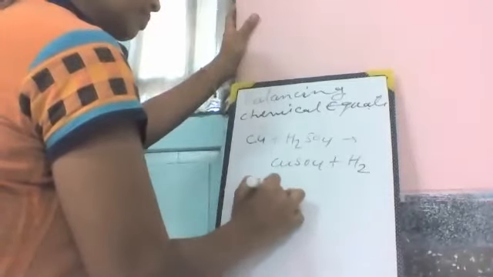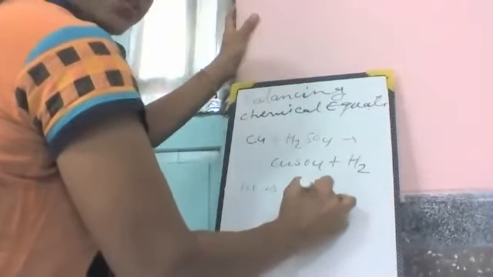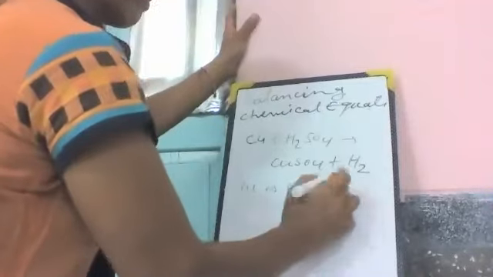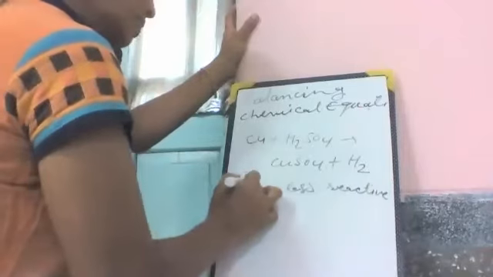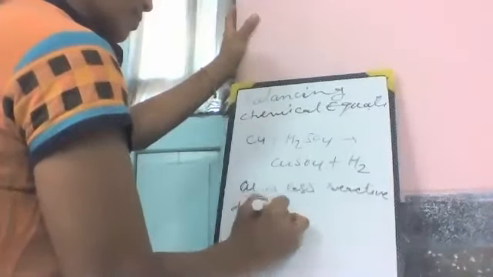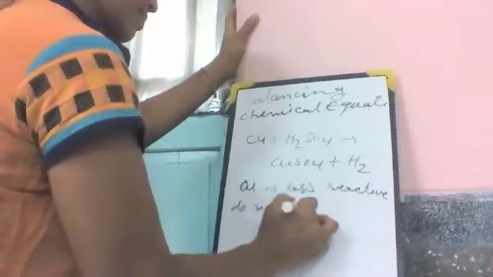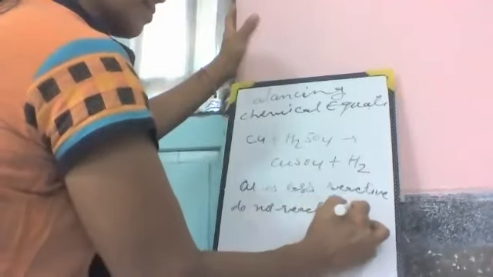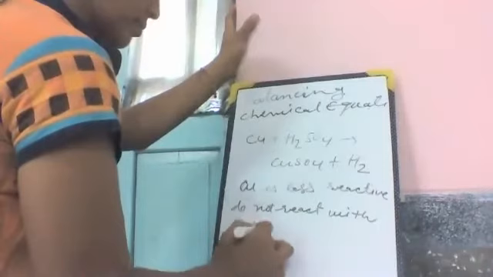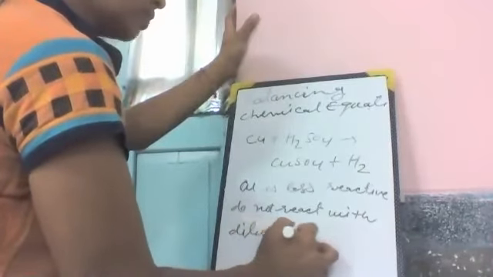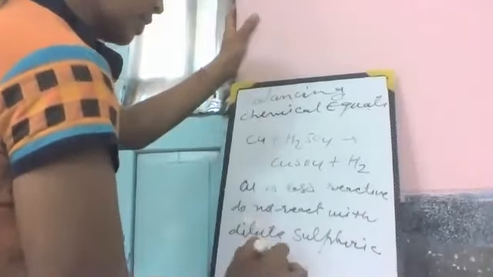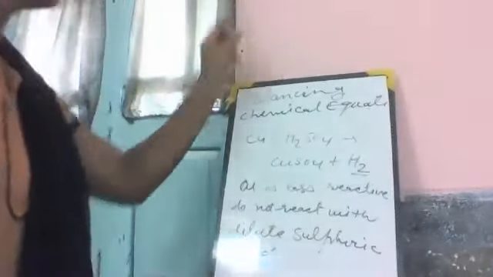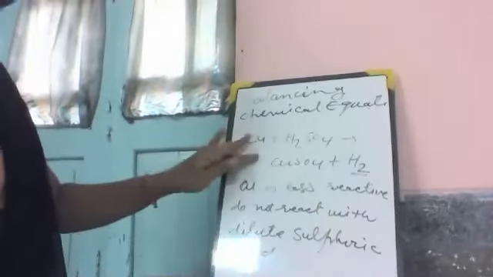Copper is less reactive. It does not react with dilute sulfuric acid, and it does not give hydrogen in this reaction, but it is not possible.